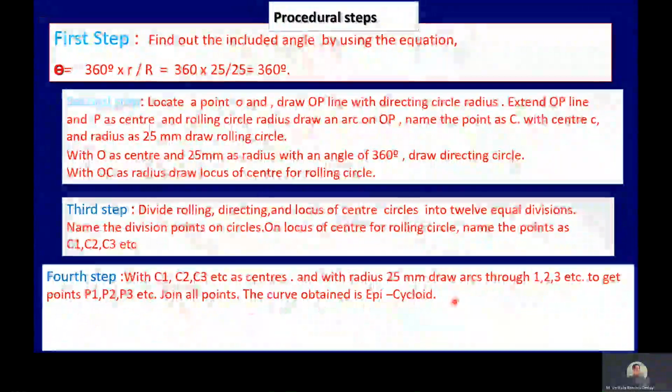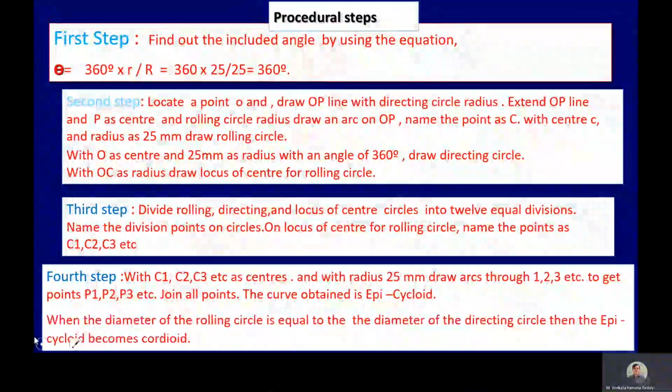The curve obtained is epicycloid. When the diameter of the rolling circle is equal to the diameter of the directing circle, then the epicycloid becomes cardioid. Now we'll move towards detailed construction.